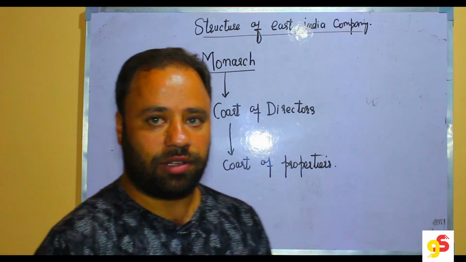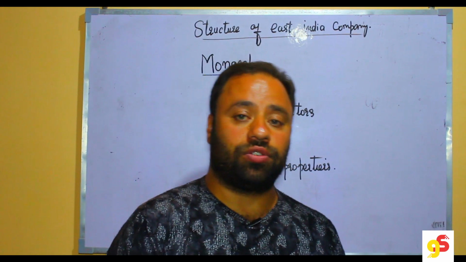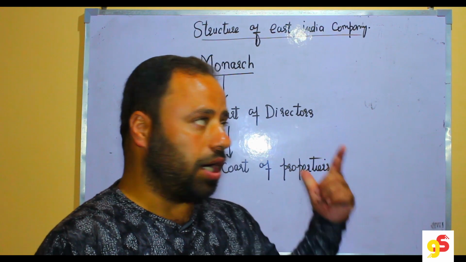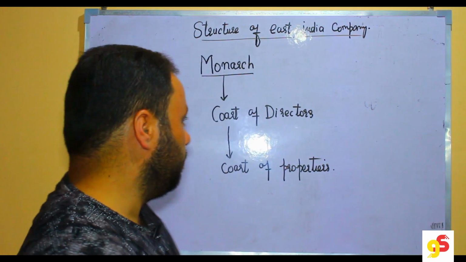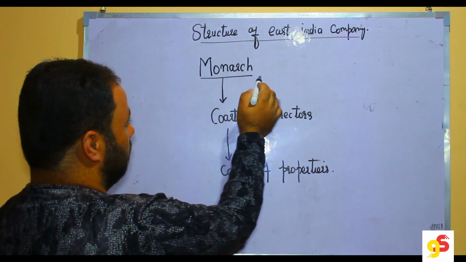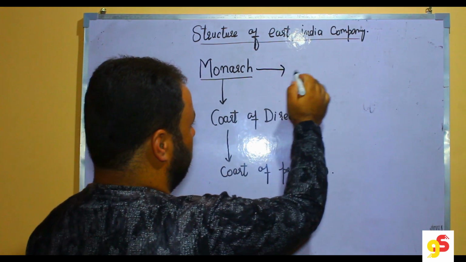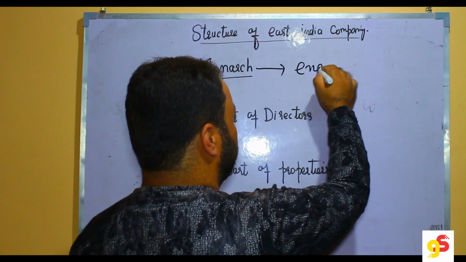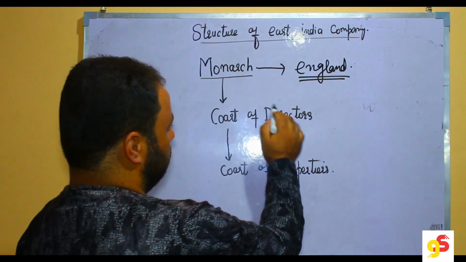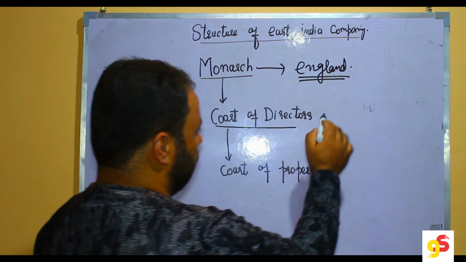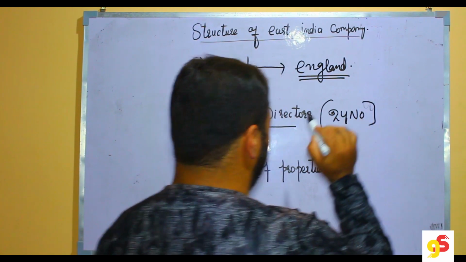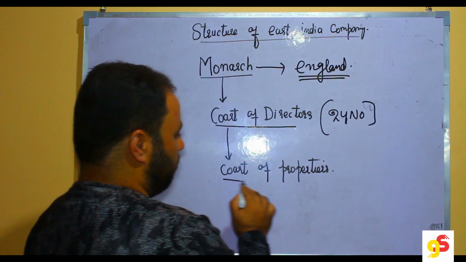Our constitutional development took place from 1773 to the Government of India Act 1947. Before understanding constitutional development, we should have an idea about the structure of the East India Company. The East India Company consisted of the monarch in England. Then below that was the court of directors, which used to be 24 in number, and below that was the court of proprietors.